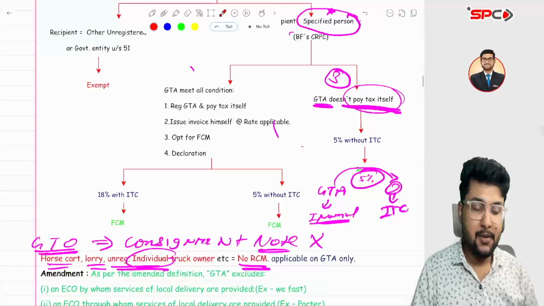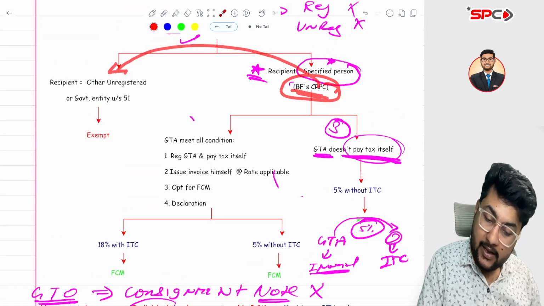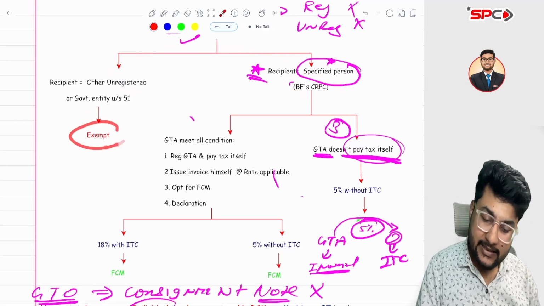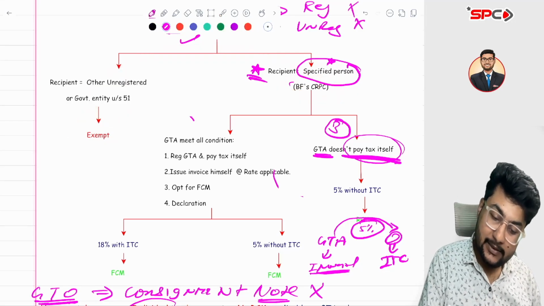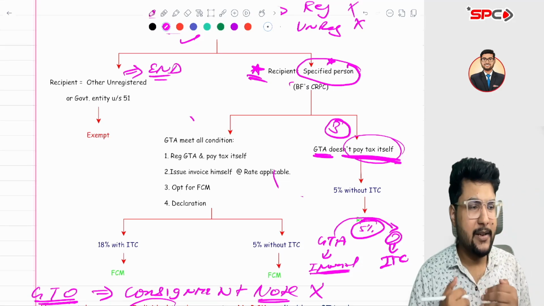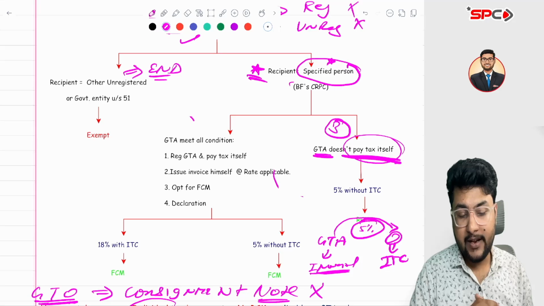Was it clear? Any person other than BFCRPC is not covered here. Even a government entity registered for TDS purposes is exempt. Sir, any other person, for example an end user, for example an unregistered individual: if a GTA is giving services to an unregistered individual, it is exempt.